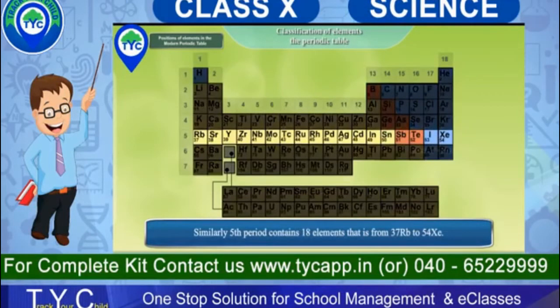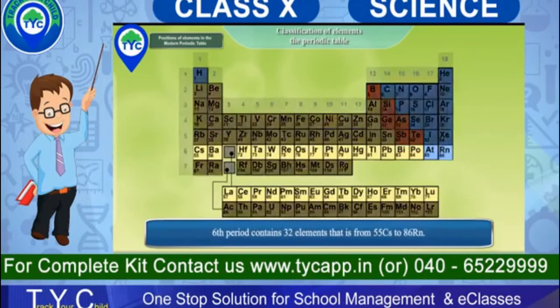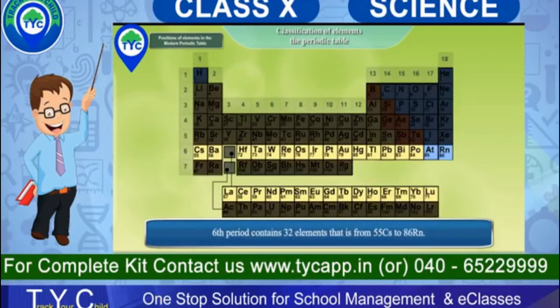Similarly, the fifth period contains 18 elements, that is from 37Rb to 54Xe. The sixth period contains 32 elements, that is from 55Cs to 86Rn.